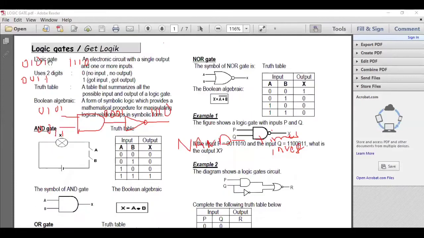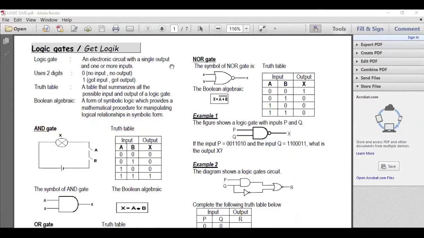The last one will be the NOR gate. The NOR gate is a combination of OR and NOT. Let's say you have an OR gate, and in front you put a NOT gate. Inputs 0, 0, 0, 1, 1, 0, 1, 1.